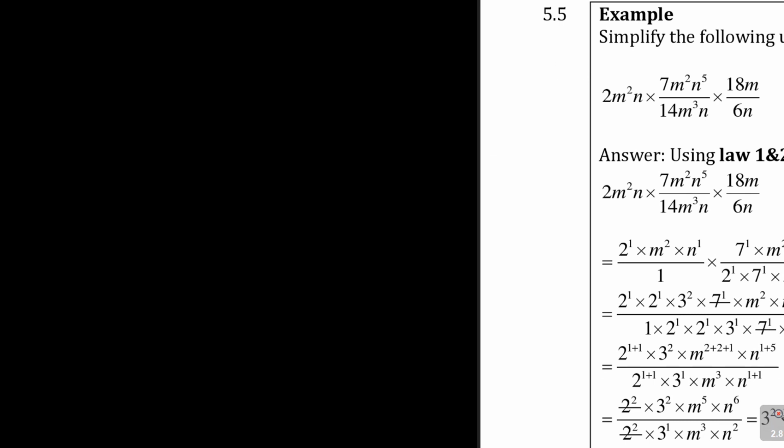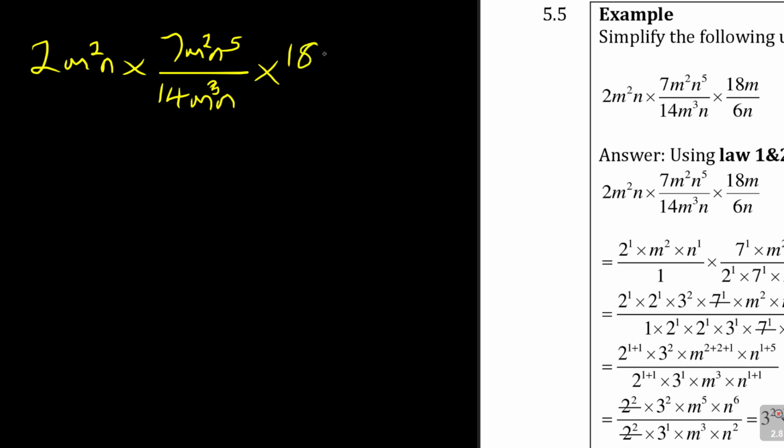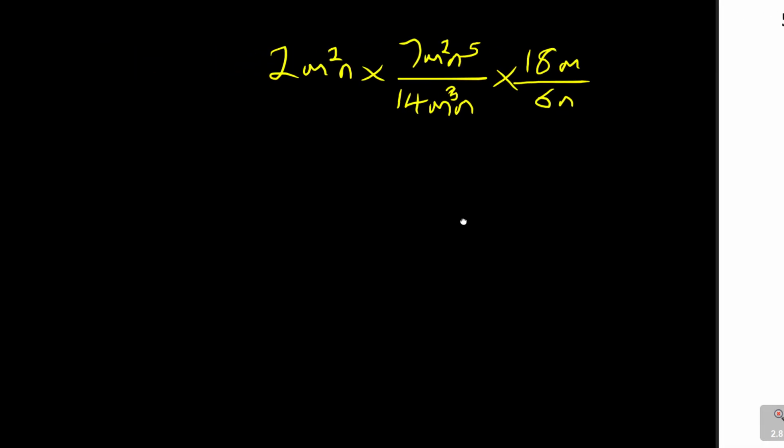If we're given in this case 2 to the power m squared n times 7m squared n to the power 5 over 14 m cubed n times 18m over 6n, I'm supposed to simplify this.